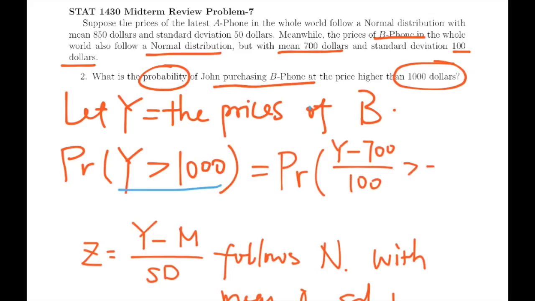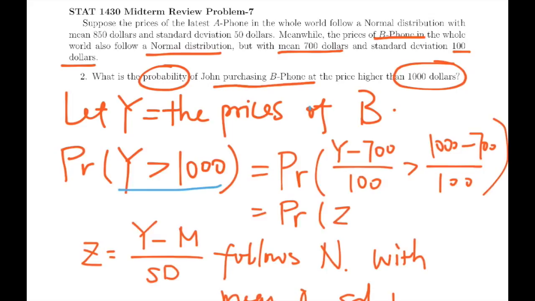And we do the same thing for the right-hand side, that is 1000 minus 700 divided by 100. And this left-hand side part is exactly our z-score, so this is P(z greater than 3).